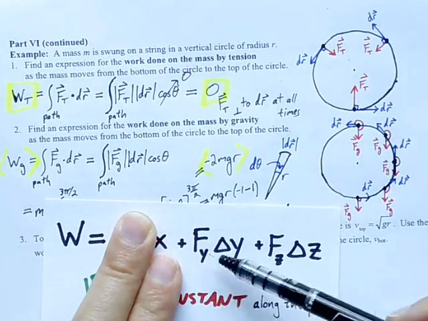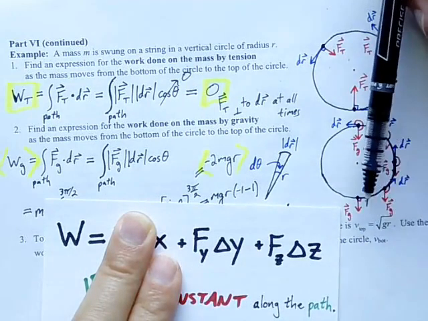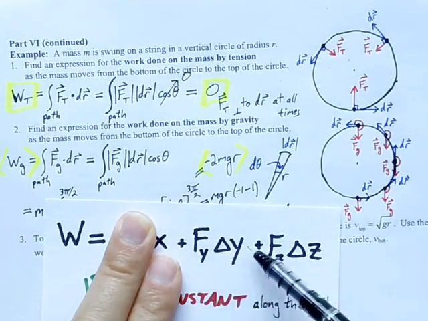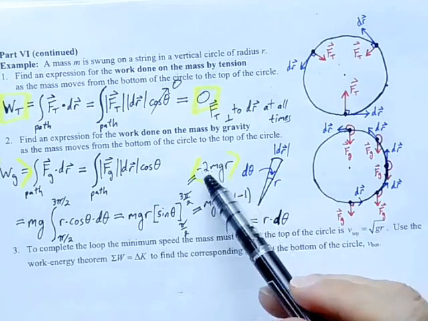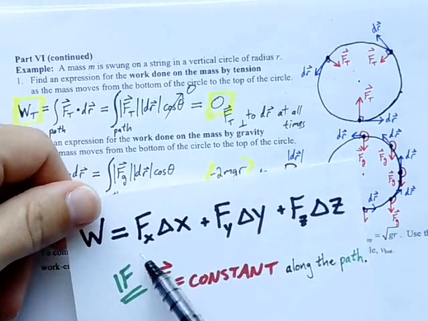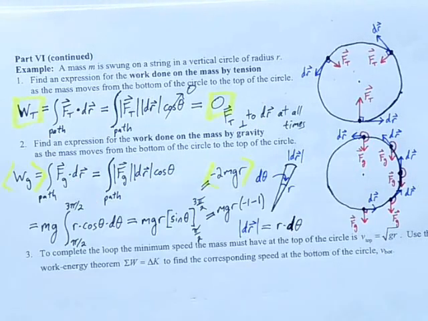And our Fy, the y component of the force of gravity, was -mg. So this would have been -mg times the delta y of 2r, -2 mgr. Okay, so in this case, using this expression for our work would have been a little bit quicker.